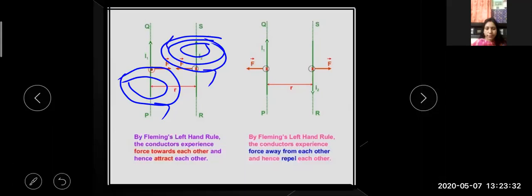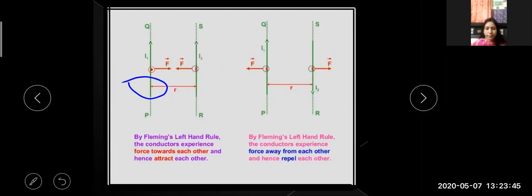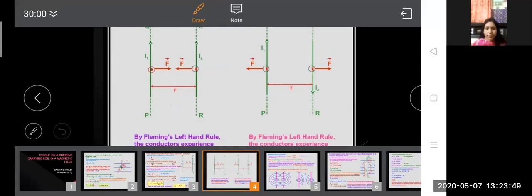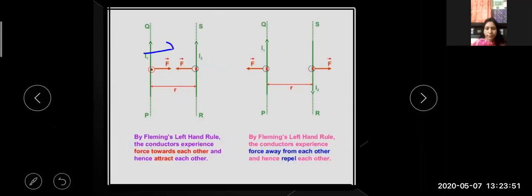So we see that the force on PQ and the force on RS both will be in the direction of RS and PQ. We can see the force on PQ due to RS is given in this direction.